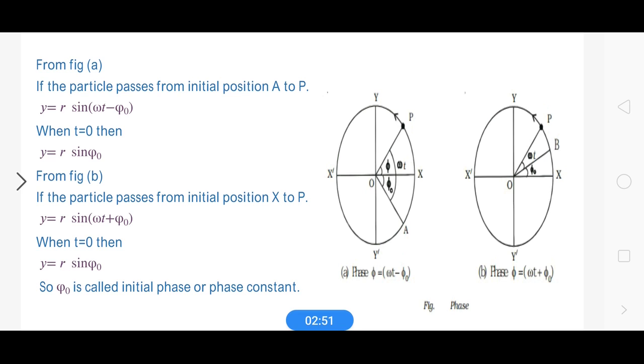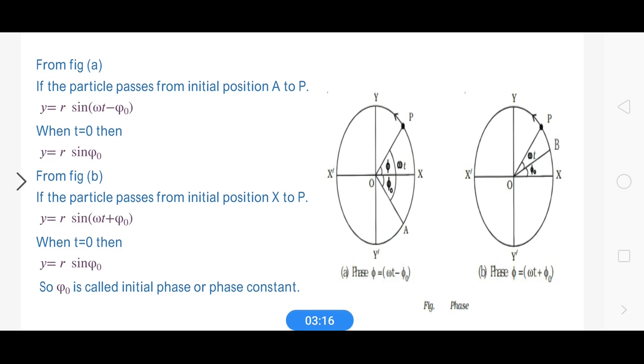What is the difference between these two figures? In the first figure, the particle is initially at a position, and in time t seconds it is shifted to point P. In the next figure, the particle is initially at point B, and it is shifted to point P during t seconds.